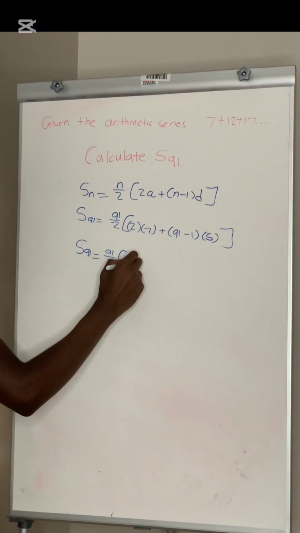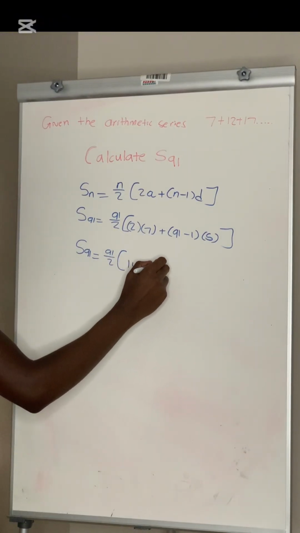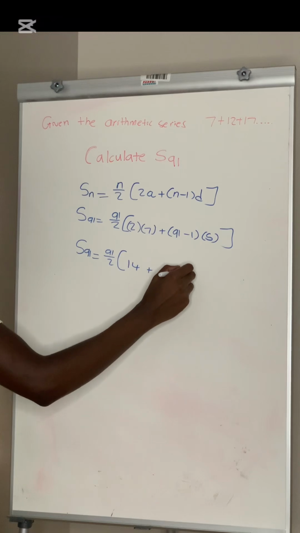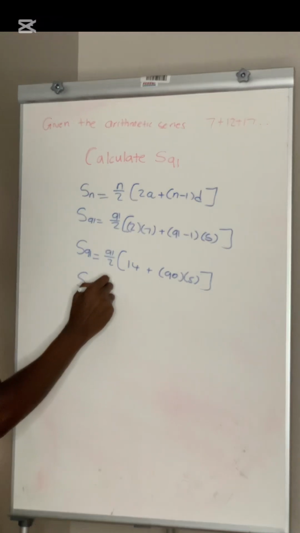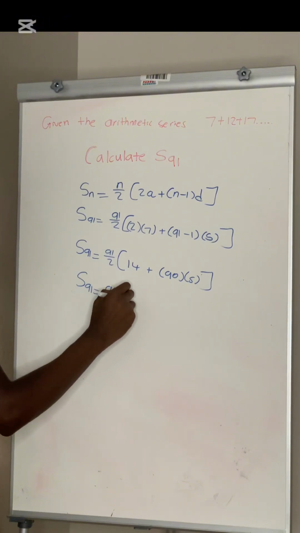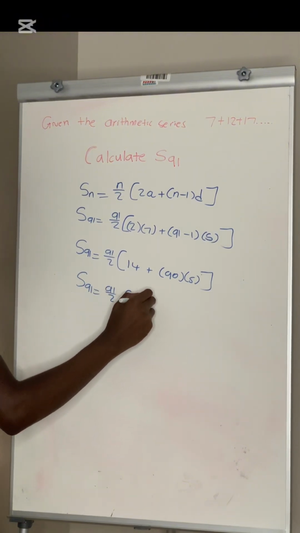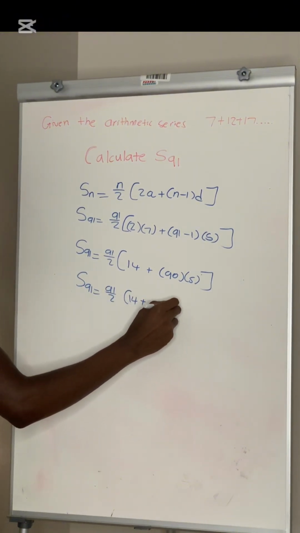S91 is equal to 91 over 2 into 2 times 7, that is 14, plus 90 times 5. S91 is equal to 91 over 2 into 14 plus 450.